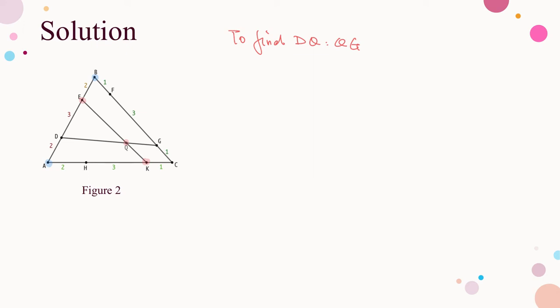From the ratios, AE to EB is 5 to 2, and AK to KC is 5 to 1. AE and AK refer to the same part on the line. Both go to 5 units. Then EB is 2 units and KC is 1 unit.